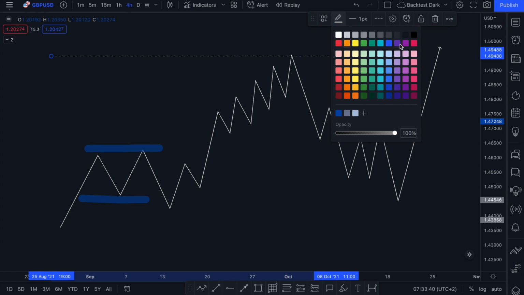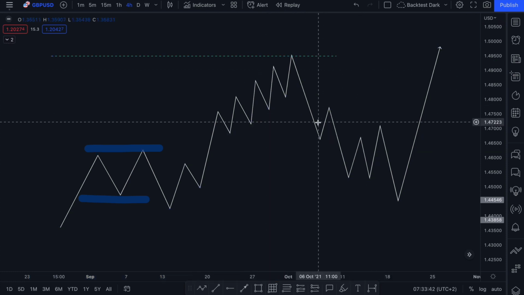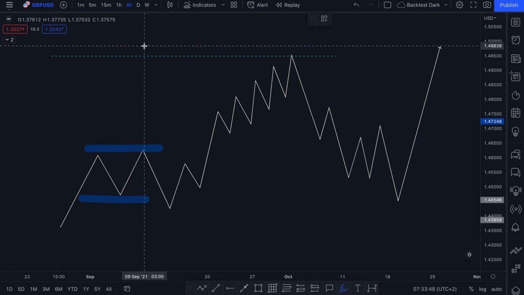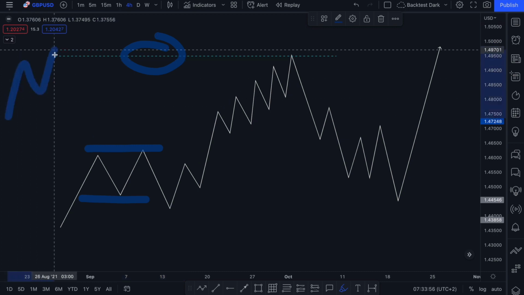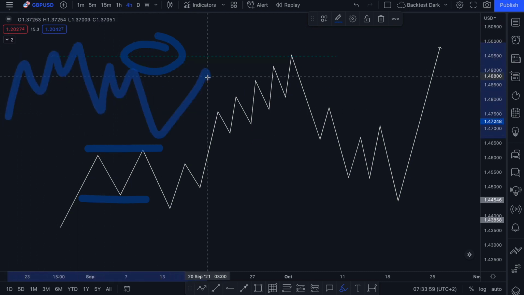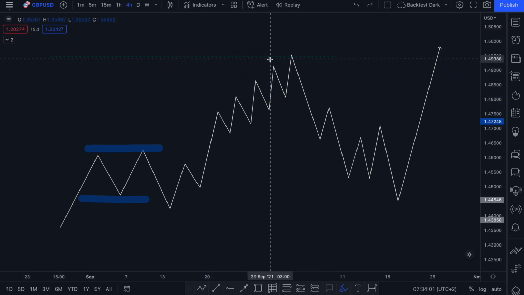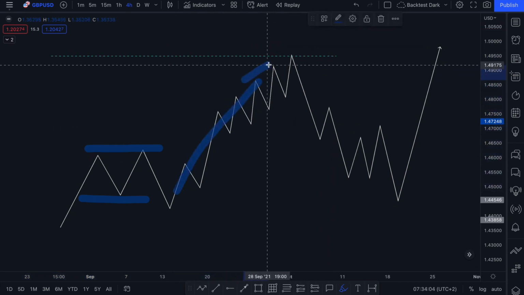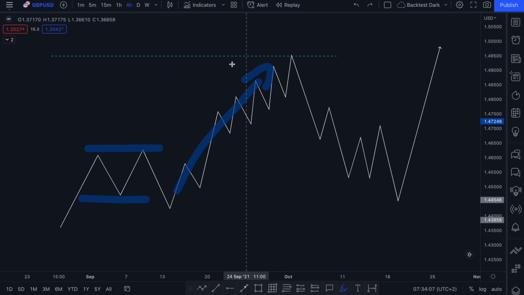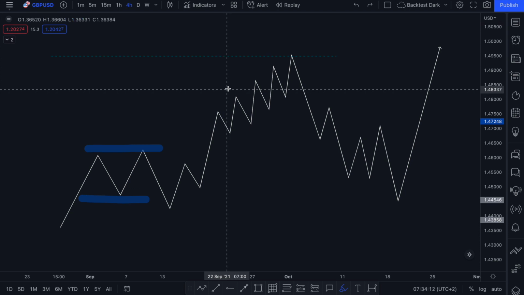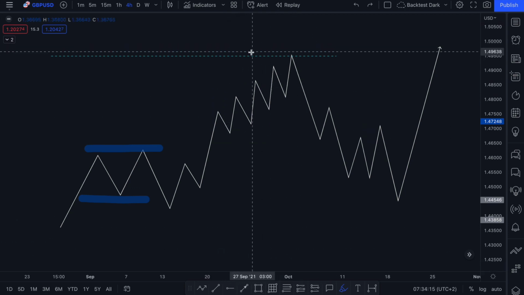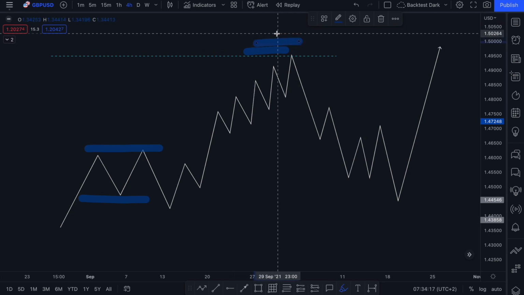I'm sure you would have heard of resistance zones at some point in your trading journey. Essentially this is what I would call a retail approach, where you're looking for levels of price where we've seen reactions in the past. That's all we're looking for. So let's say this bullish push interacts with this resistance zone. From a retail trader point of view, you would see an accumulation of orders in here.